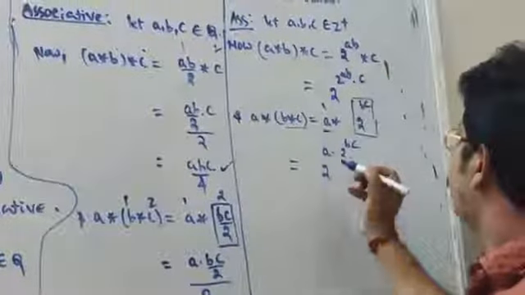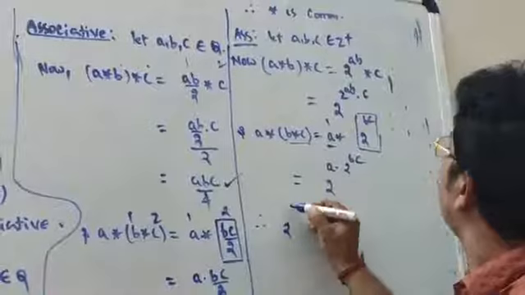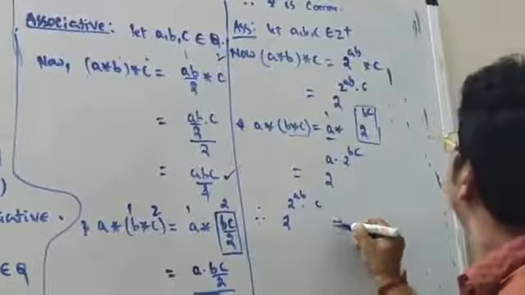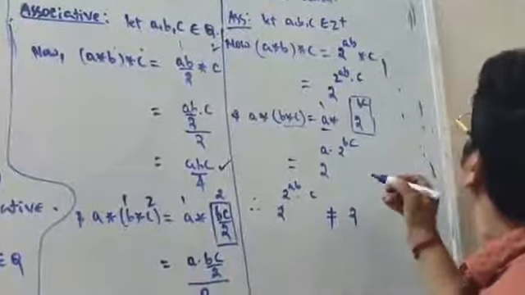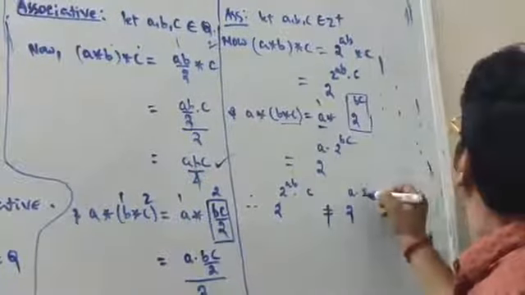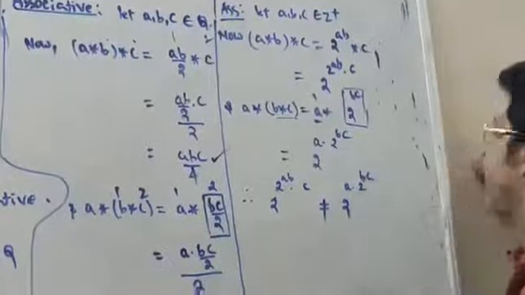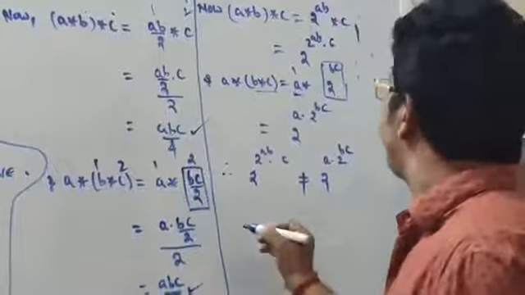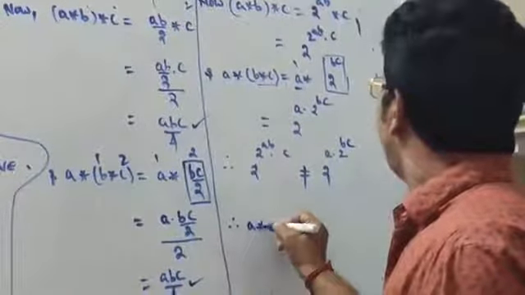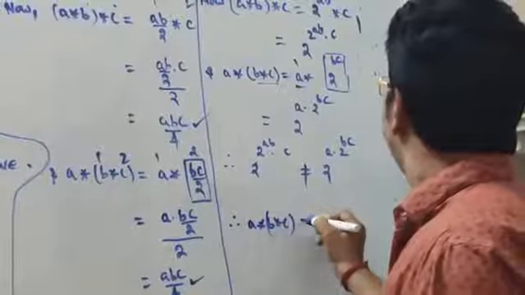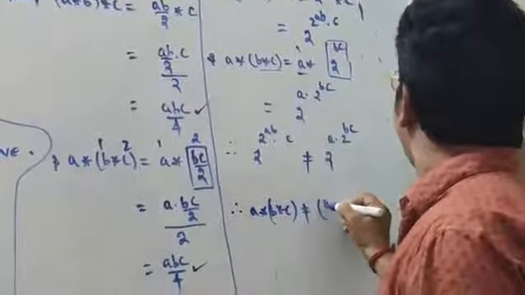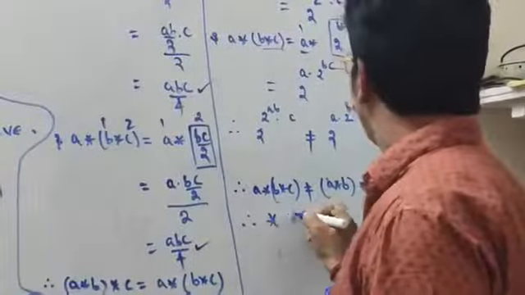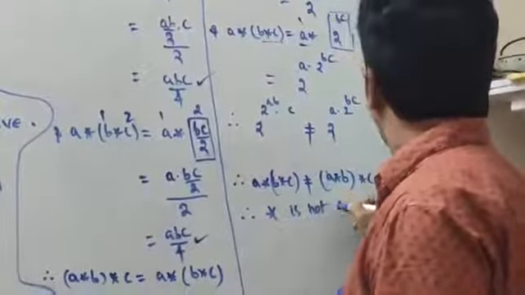Therefore 2 power ab into c is not at all equal to 2 power a into 2 power bc. Both are different. Therefore (a star b) star c is not equal to a star (b star c). Therefore star is not associative.